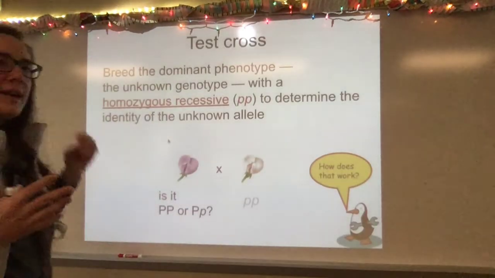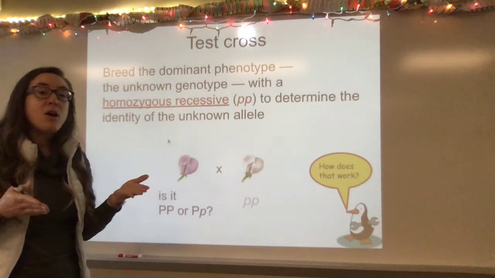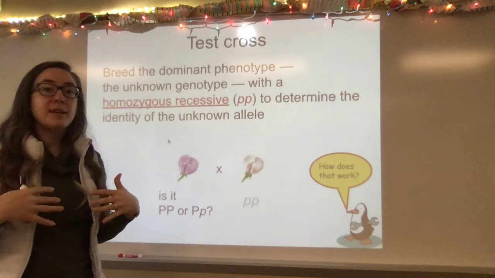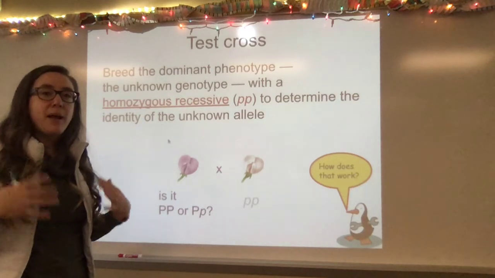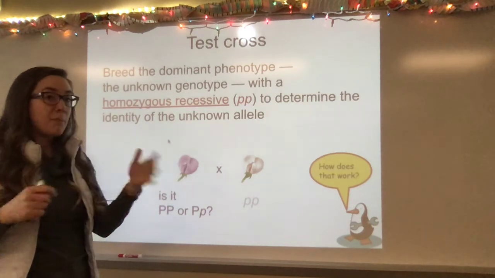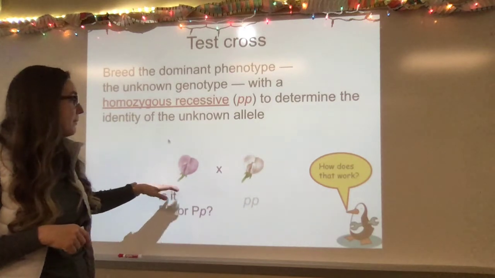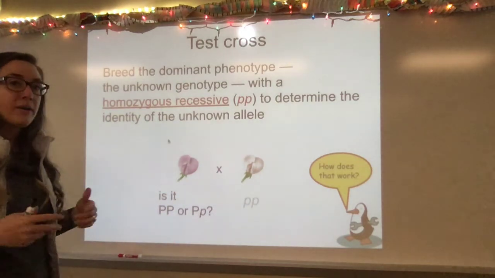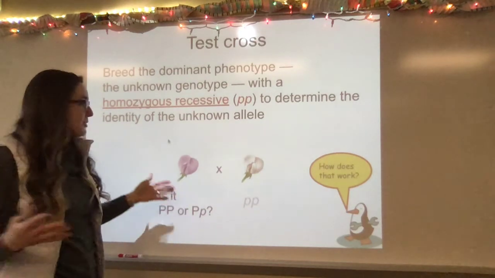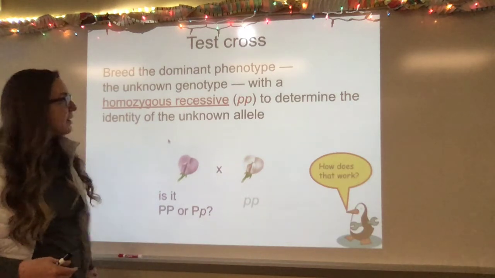All right, another concept then that you should be familiar with is, if we're thinking of dominant and recessive and that law of dominance, that one trait can hide or mask the other. But if we think about the parents themselves, both parents had a purple flower and the F1s also had a purple flower. So if you were to see a pea plant in nature, would you know if it is homozygous dominant or heterozygous?